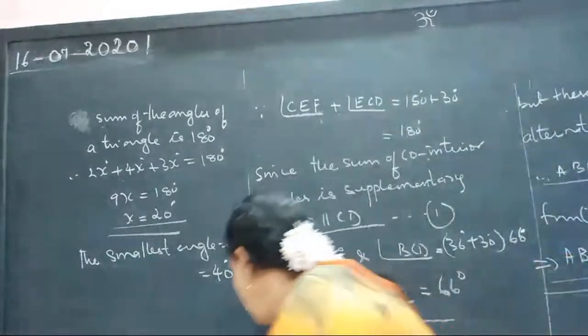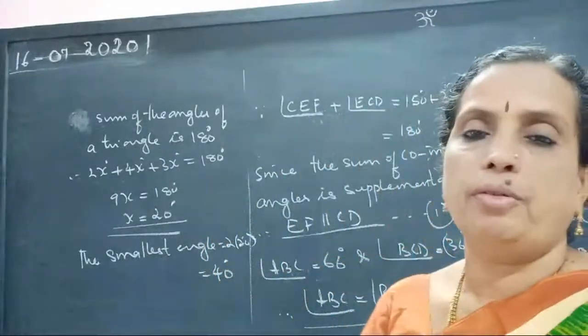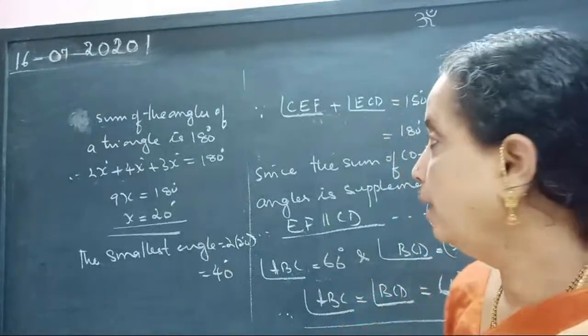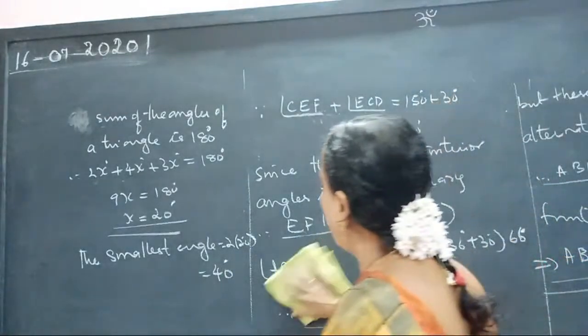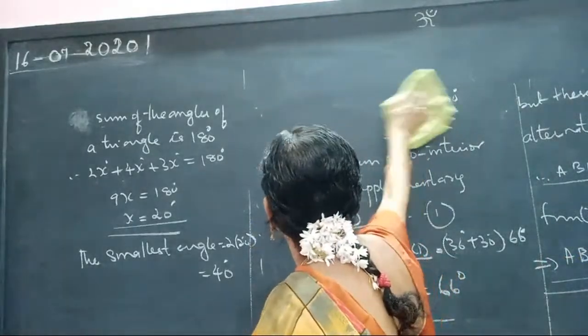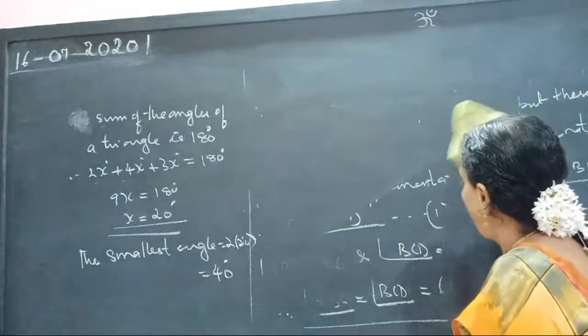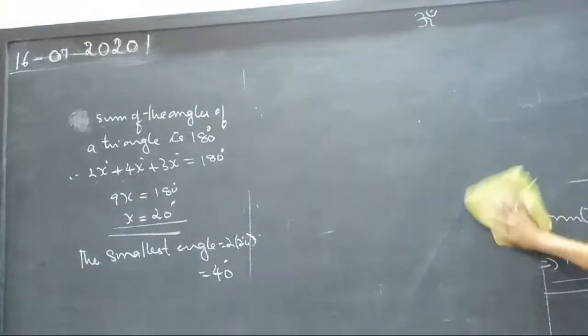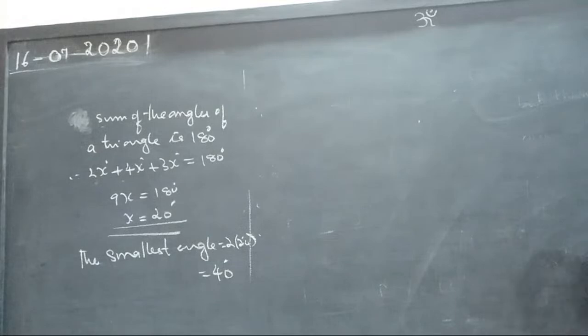Sometimes they will also give the question, calculate the measure of each angle, then 2 into 20, 4 into 20, 3 into 20 we have to calculate. So always go according to the condition mentioned in the problem.